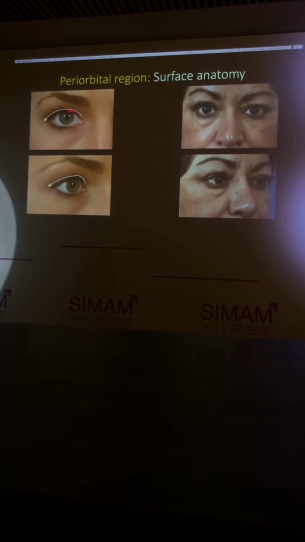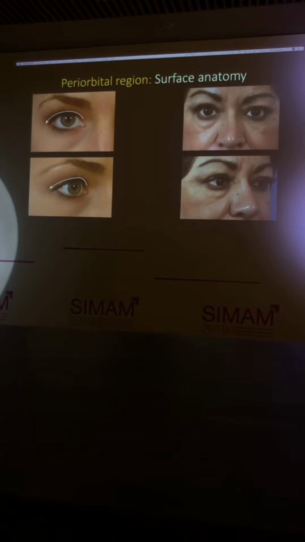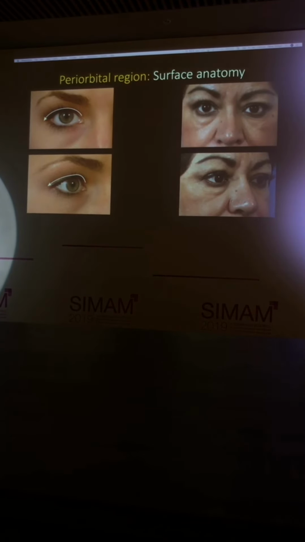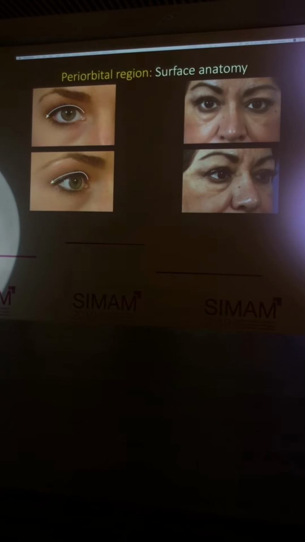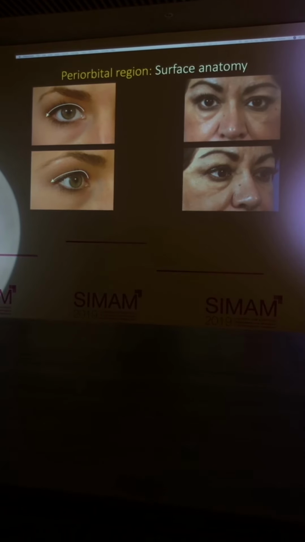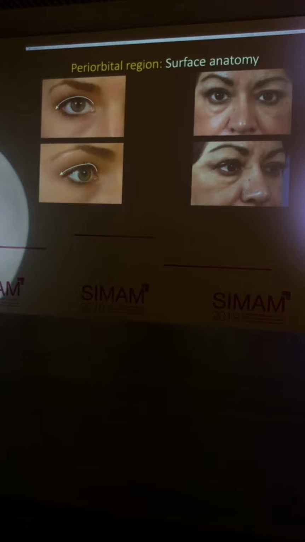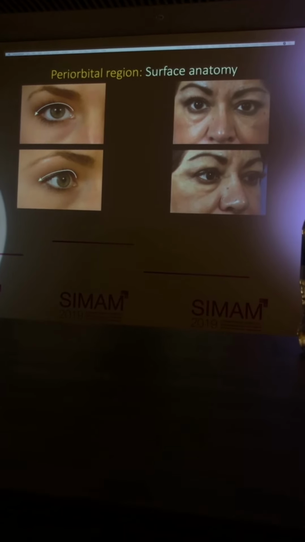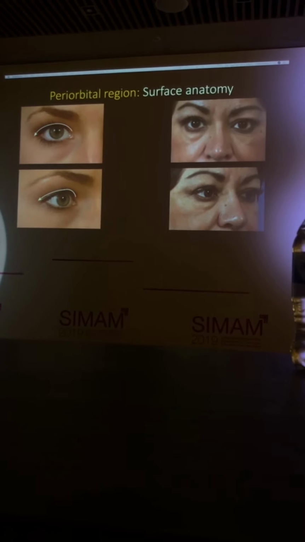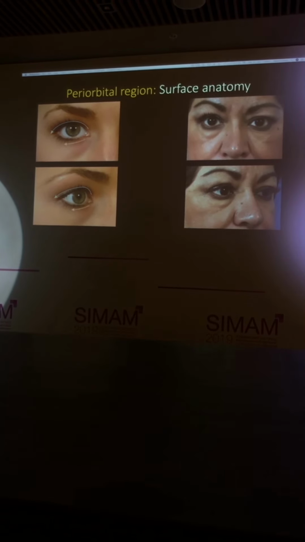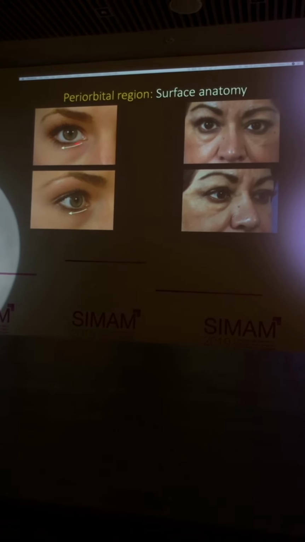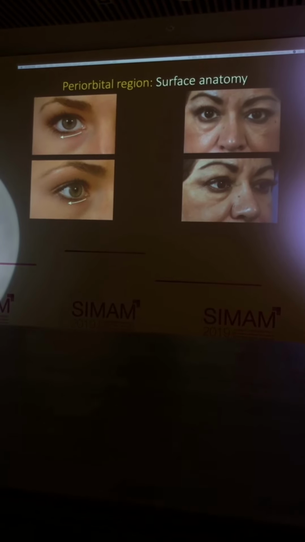We have a superior lid crease. This is caused by the insertion of the levator palpebrae superioris muscle. We don't really deal with it. We have an inferior lid crease.